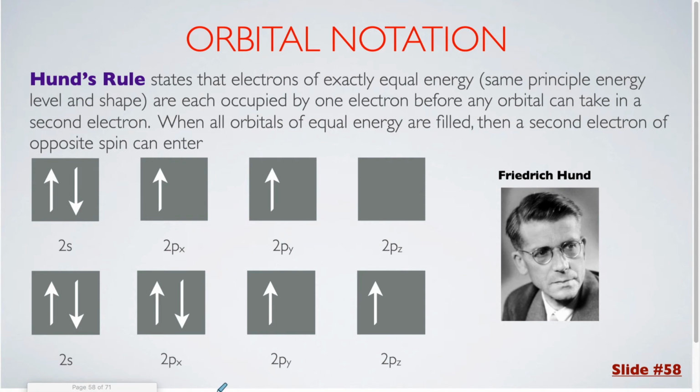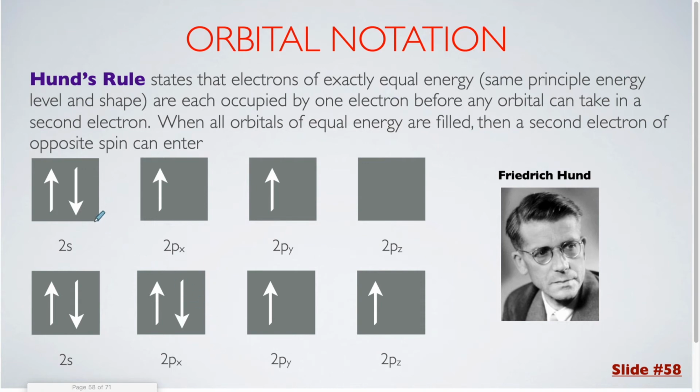Our final rule is Hund's rule, and this states that electrons of exactly equal energy, same principal energy level, and also the same shape, are each occupied by 1 electron before any orbital can take a second electron. When all orbitals of equal energy are filled, then a second electron of opposite spin can enter.